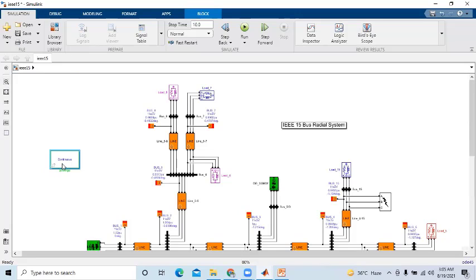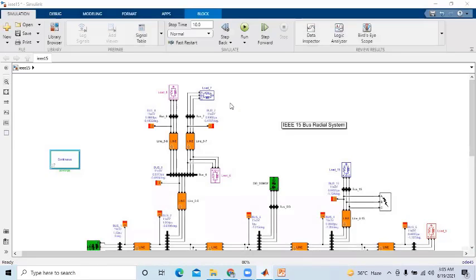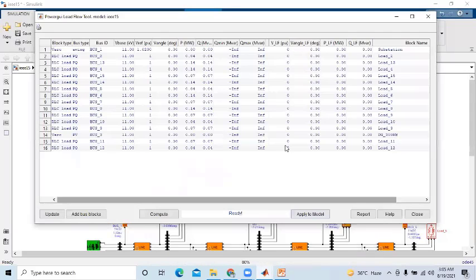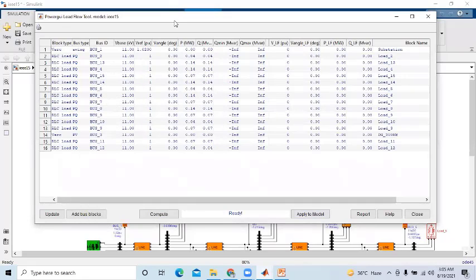So in this, these are the different Power GI load flow tool blocks which have been connected, seen over here, and these are the bus IDs.